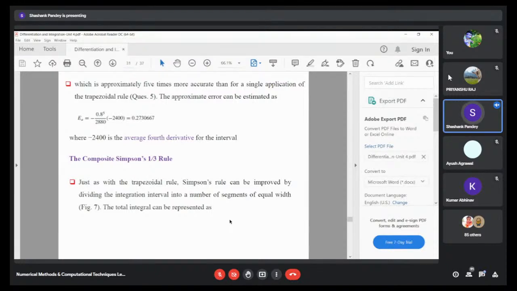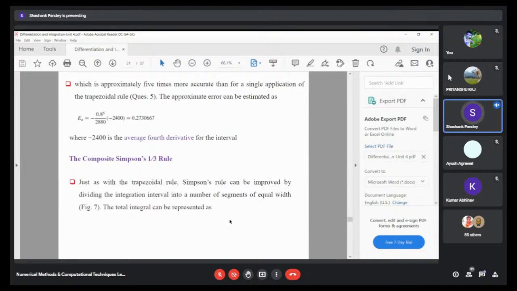If you calculate the percentage true error with respect to single application of trapezoidal rule and single application of Simpson 1/3 rule, Simpson 1/3 rule is observed to be 5 times more accurate, and again we can always calculate this approximate error, which comes out to be 0.2730, and you see here that -2400 is the average fourth derivative for the interval.